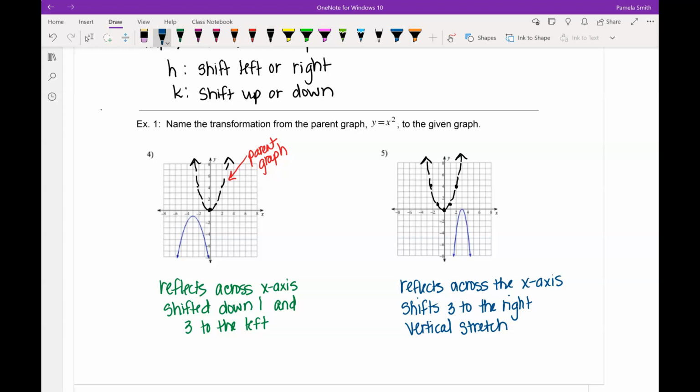And this one, because the vertex is still on the x-axis, we don't have an up or down shift, and that's okay. You don't have to have up and down every time you have left and right, and vice versa. You could have an up or down without a left or right.